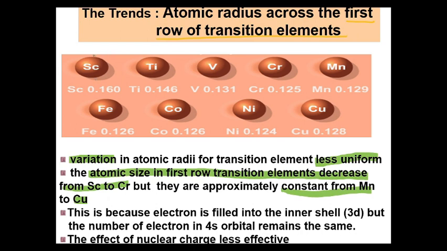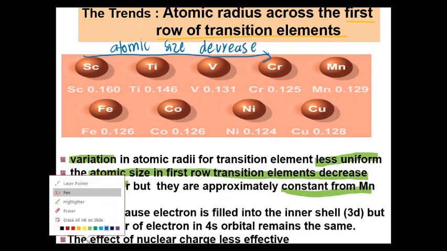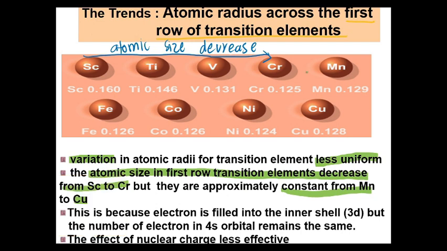Okay, so we can say that from Sc to Cr, the atomic size decreases, but from Mn to Cu, the atomic size remains constant.